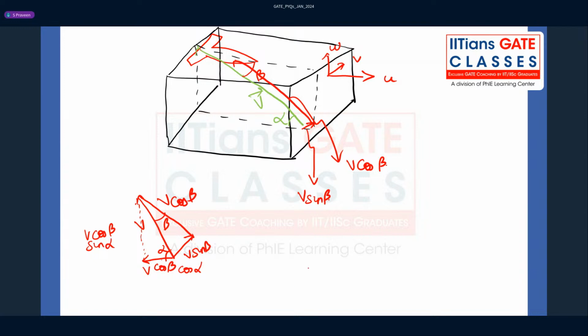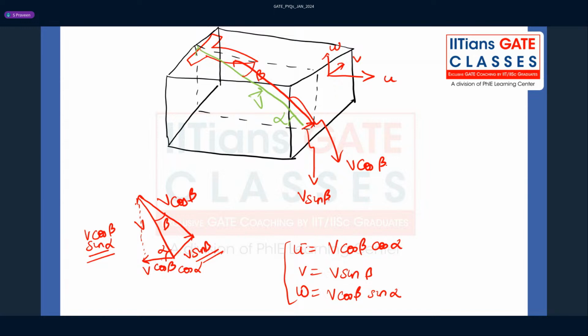Which means if I write it down over here, u is equal to V cos beta cos alpha, then v is V sine beta, which is simply this part alone. Then w is this component, V cos beta sine alpha.